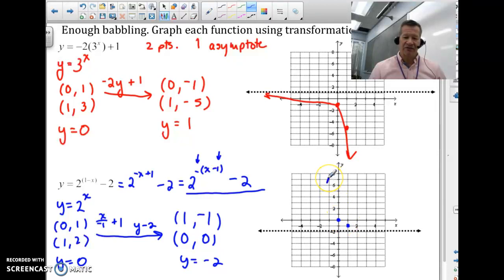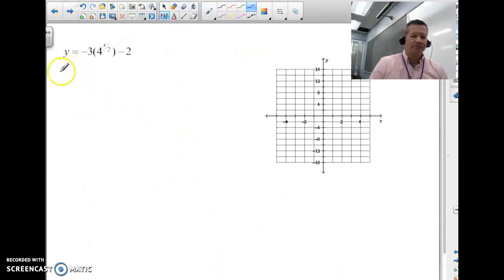It's going to come down through those points. The reason it's coming down instead of up is because I multiplied the x value by a negative, which reflected it in the y-axis. So instead of coming this way, it's coming this way. And there we go.